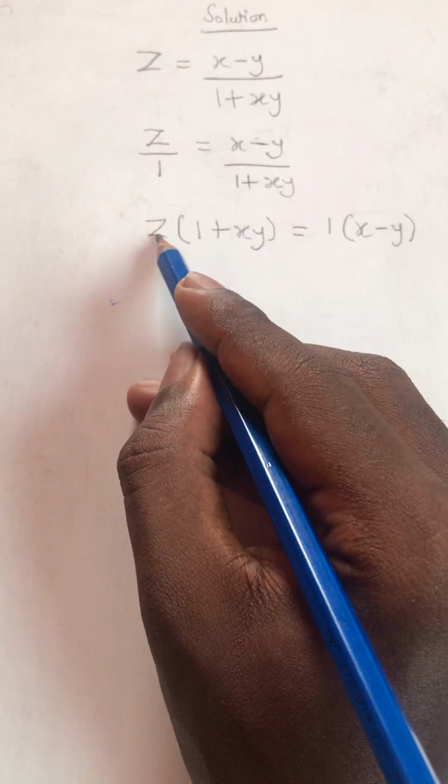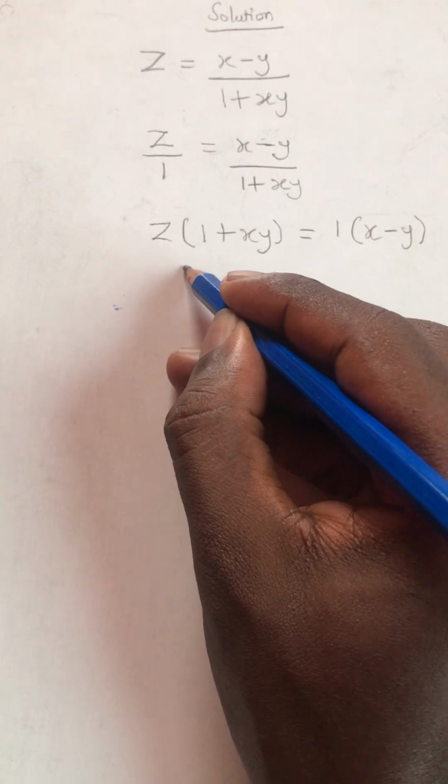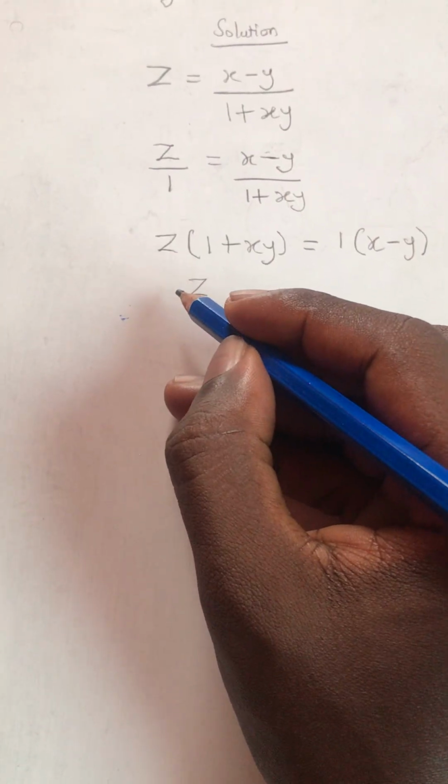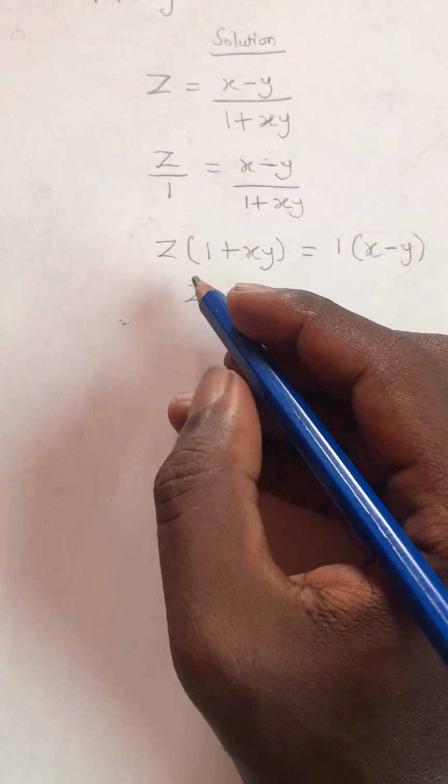So z multiplying 1 will give us z, because every number multiplying 1 is that number.